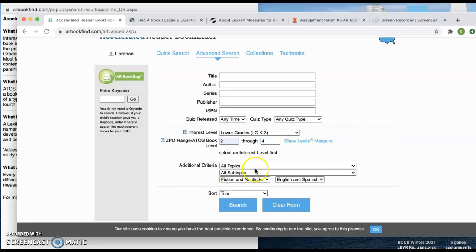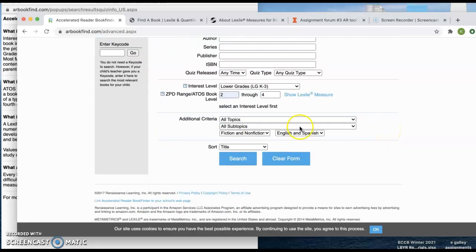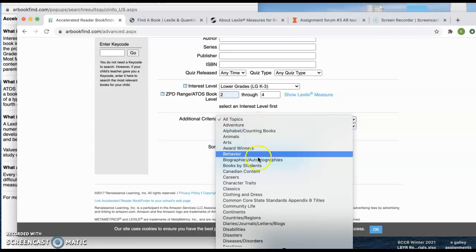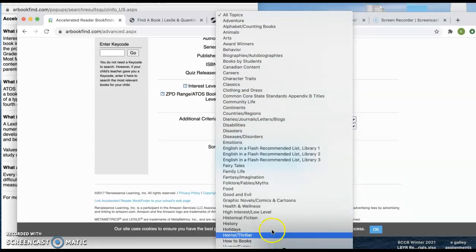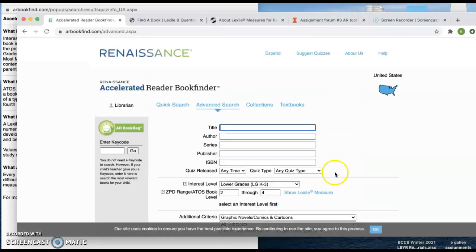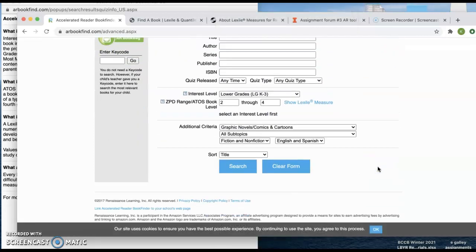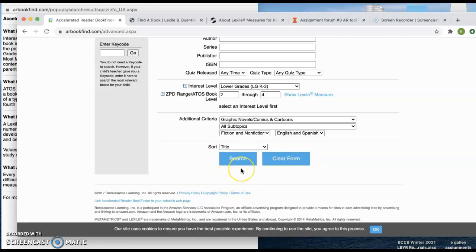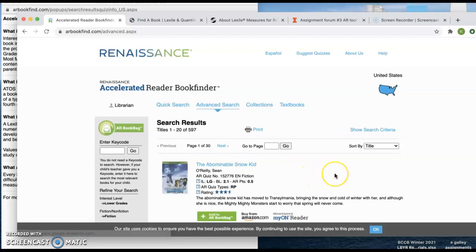And then we would go to topic, and we could look at graphic novels, which is more of a format than topic, but we don't necessarily need to get into that, and we can leave it at English and Spanish. I'm going to go with just fiction on this one again and search.